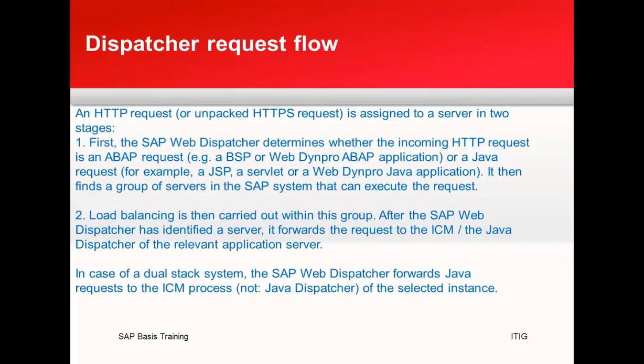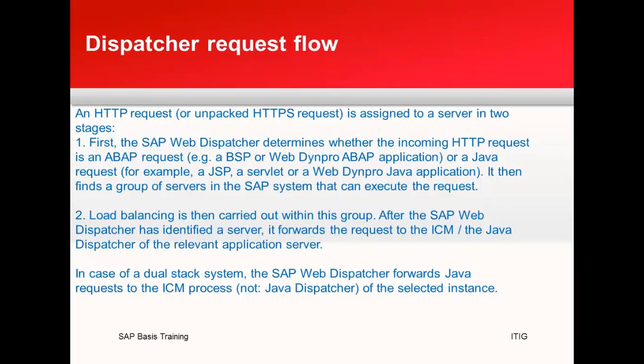Okay, now the next thing is the dispatcher request flow. Whenever a request comes to the SAP web dispatcher, how does the flow of the request happen? We'll cover that in this slide. The function of the web dispatcher is ultimately to forward an HTTP request to a specific application server.